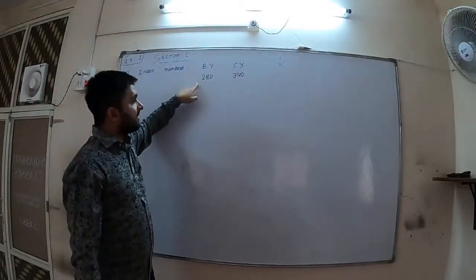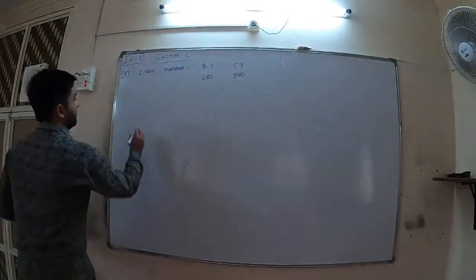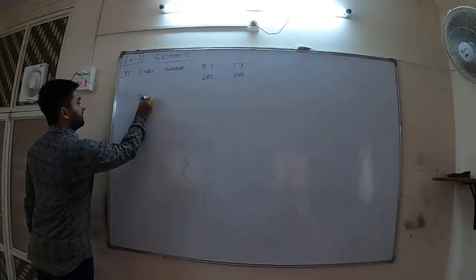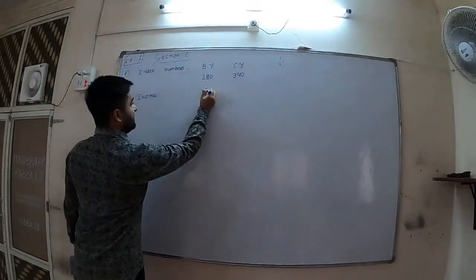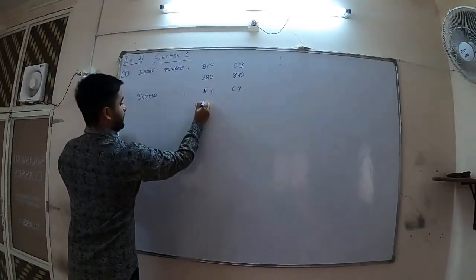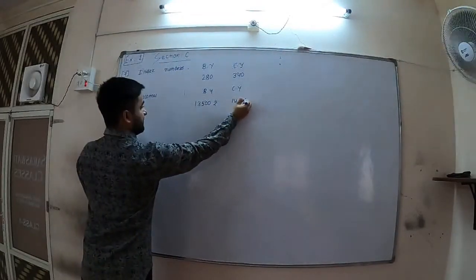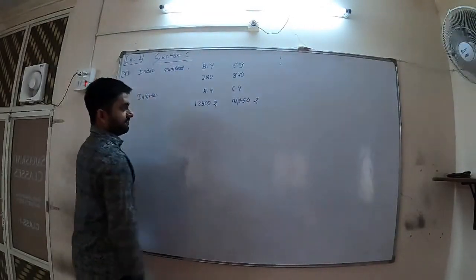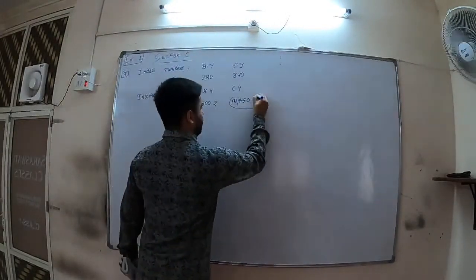But if it is clearly mentioned that it is 280, then let it be 280. Okay. Incomes of base year, current year: 13,500 rupees, 14,750 rupees.